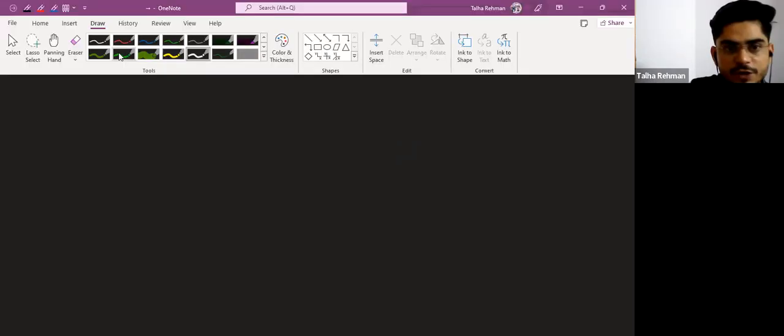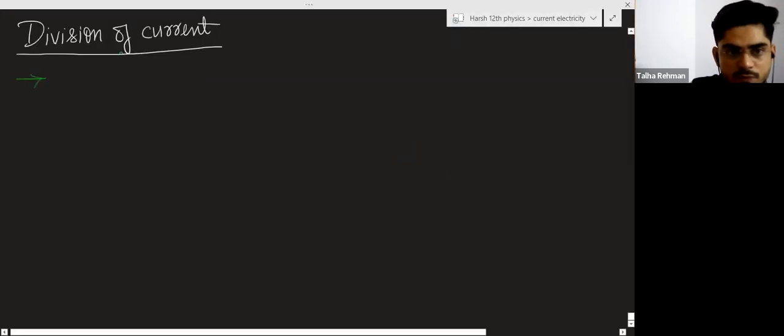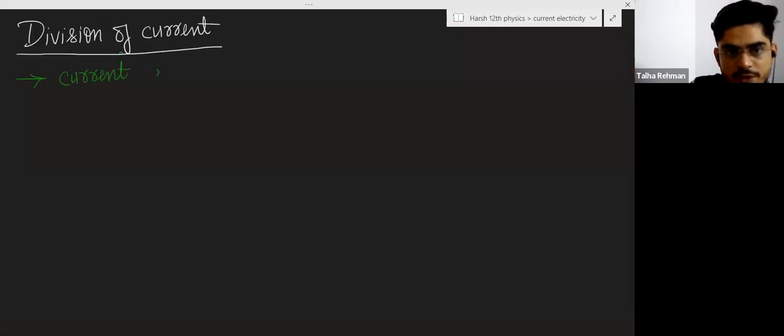The condition for dividing the current is: current divides due to branching. Due to branching.